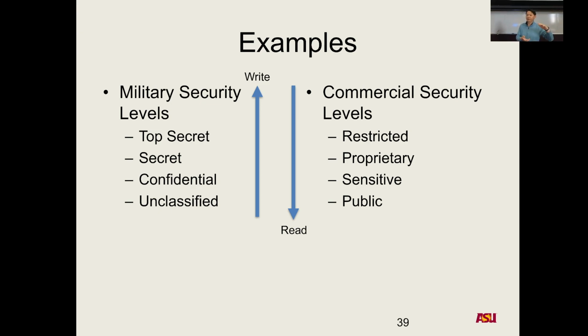Higher level information cannot flow to the lower layer, so information cannot be leaked from higher to lower. That is the basic philosophy, so we call that no write down. Confidentiality is so critical in this model. If I know some critical information, I cannot say that to a person at a low level of security. Make sense? Okay.